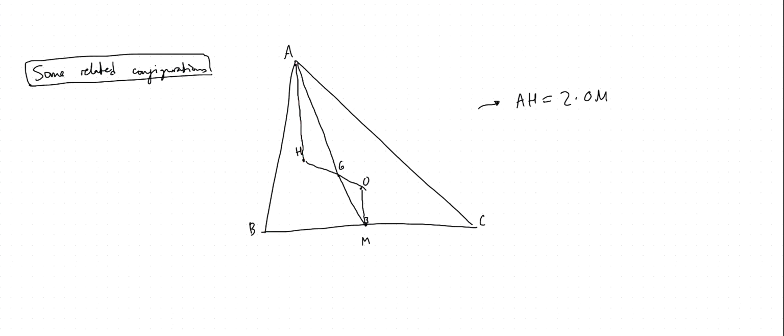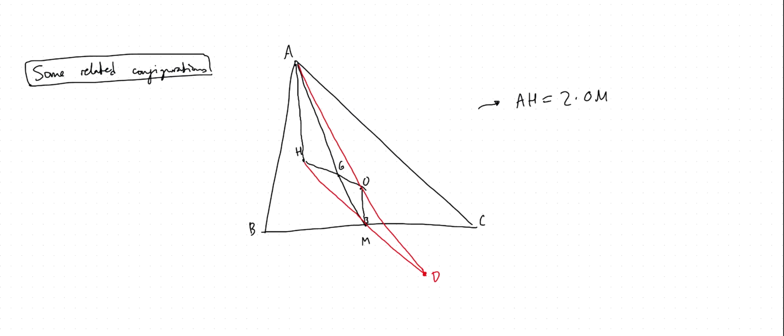And if you therefore extend these, they will intersect at a point D, such that since AH is 2 times OM, by similarity, AO will be OD, HM will be MD. So what does this tell you? AO equals OD means this is on the circumcircle.